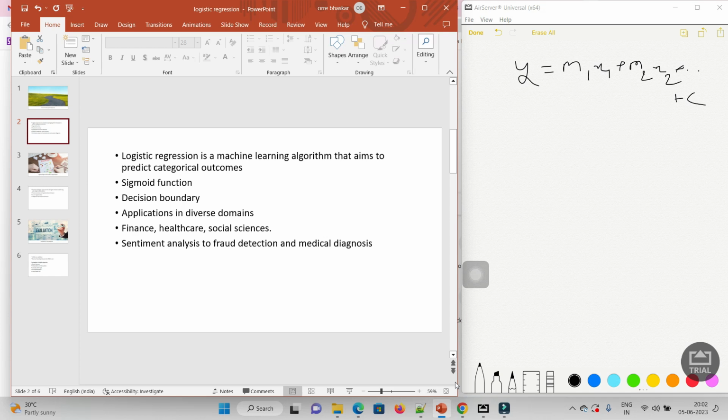The logistic regression is nothing but the log of odds. That is, log of y by (1 - y) = m1 x1 + m2 x2 + and so on + c. Okay, so let's take the log to the other side.